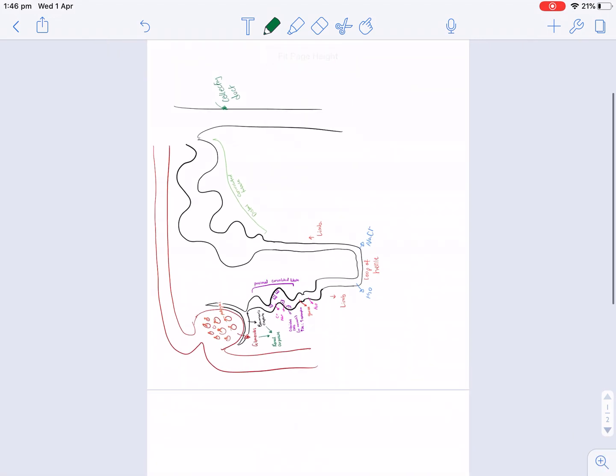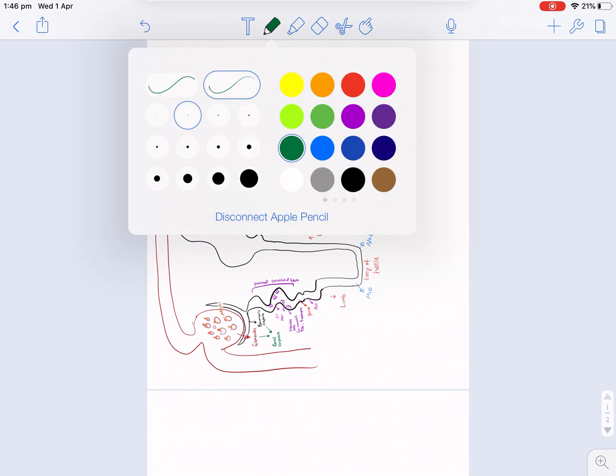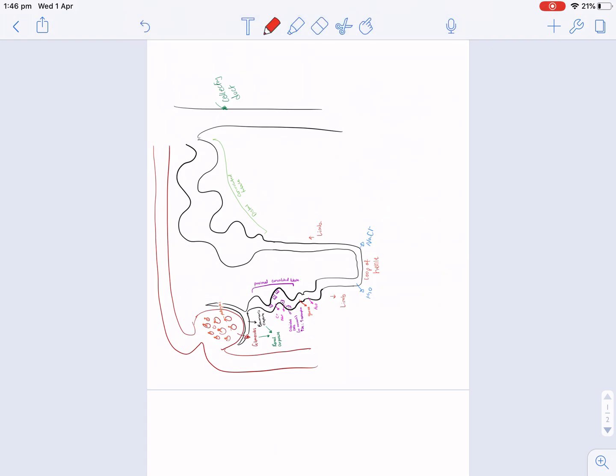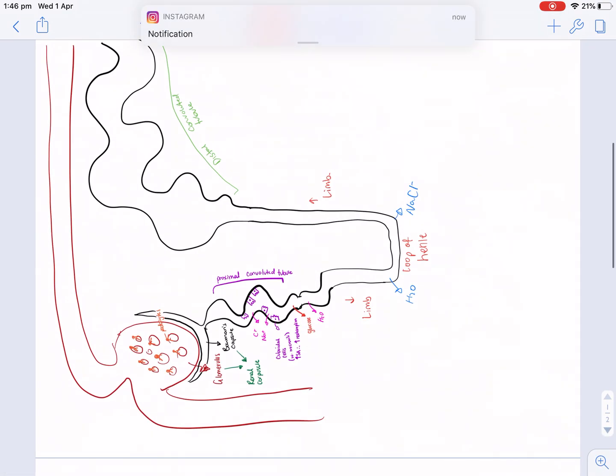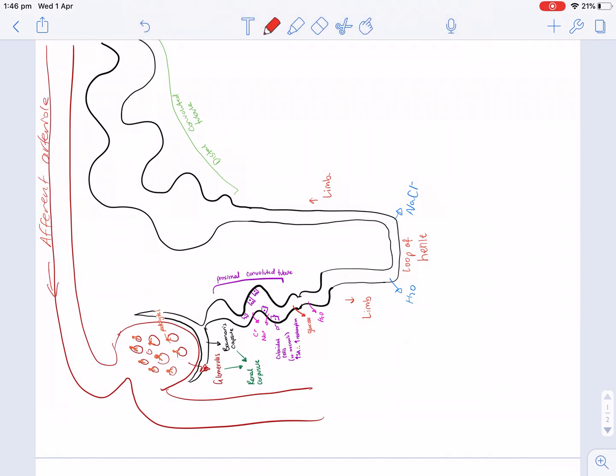Okay, now just to orientate you on the actual arterioles that are ending up in the glomerular capillaries, we have that afferent arteriole over here. And that's going towards the glomerulus. And then we have an efferent arteriole exiting away from that glomerulus.